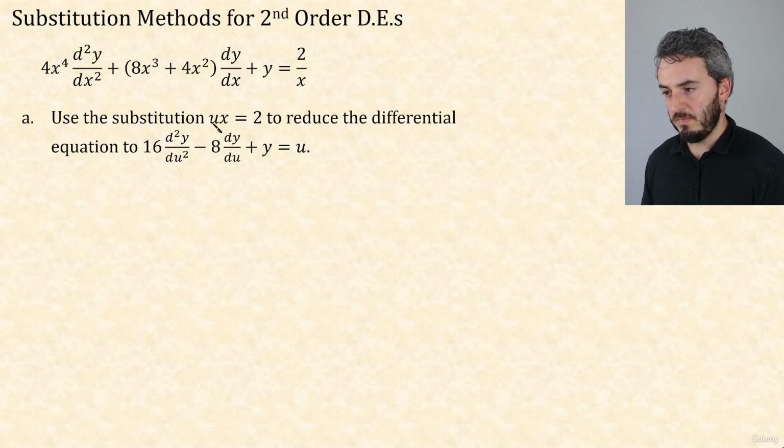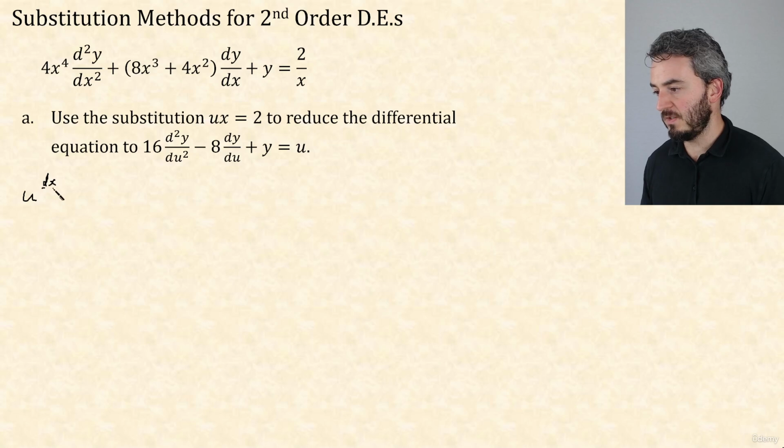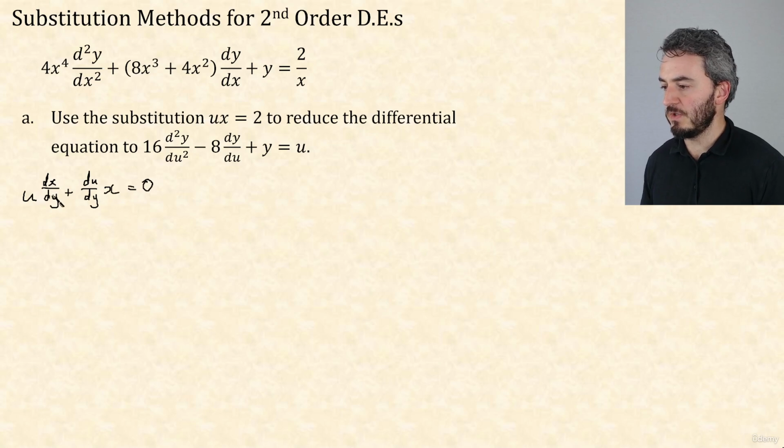When we do that, we're going to do product rule. So here's our u and here's our v. So it's u v dash. Now v dash is derivative of x with respect to y plus then u dash, so du by dy times x equals 0. That's derivative of 2. Okay, so we want dy by dx.